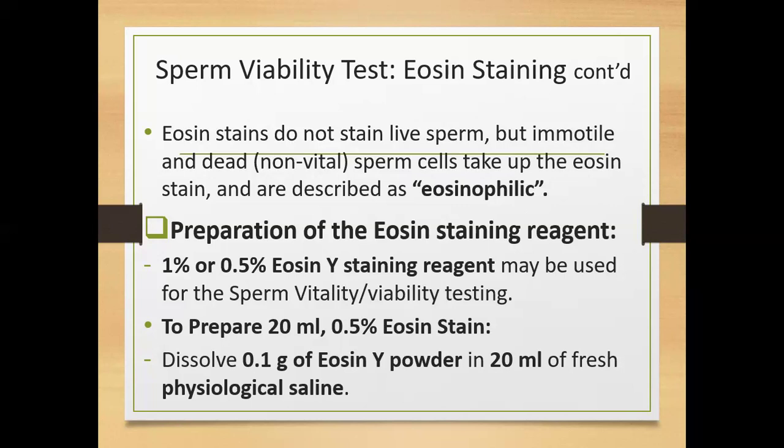Is that not it? 0.5% eosin will mean 0.5 grams in 100 ml. So if I want just 20 ml of the eosin, it means that my 100 ml should be reduced to 20. What will you do to get your 20?